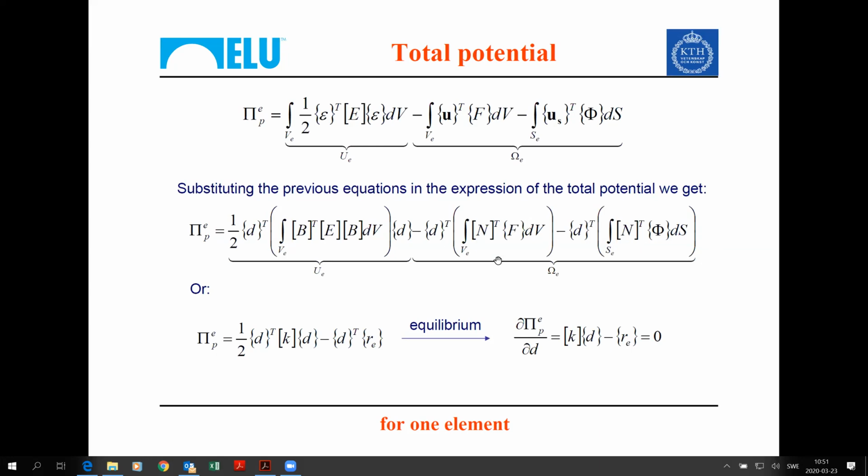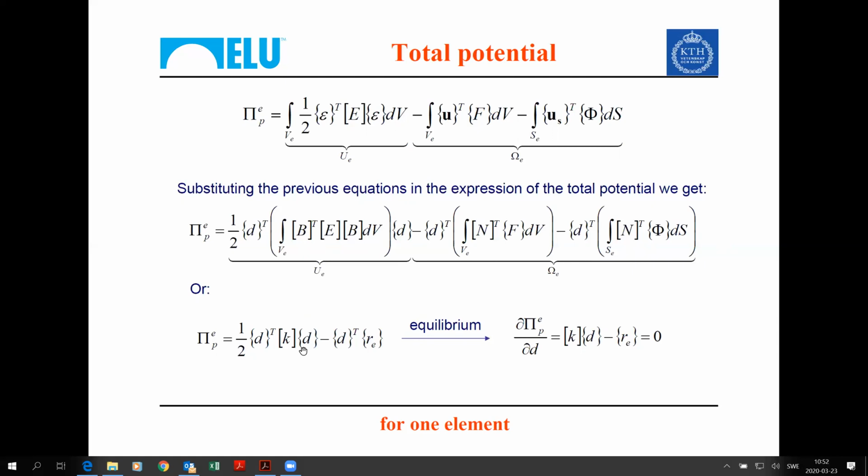And here you will have the expression of the potential of external forces. This is valid for the volume forces. d transpose N transpose is simply the approximation of u transposed. And this is a term which is valid for loads applied at the edges of the element.